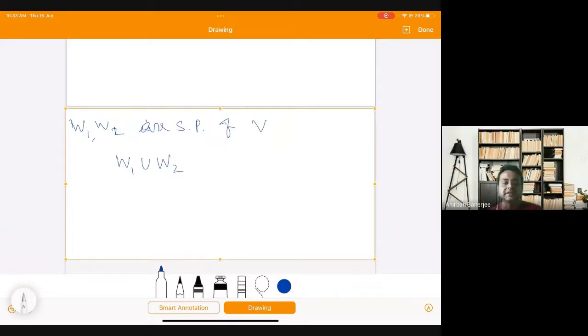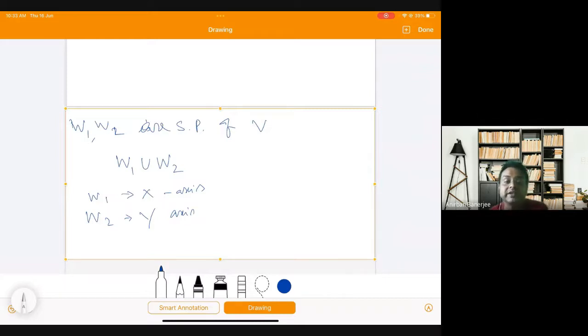Right. So, not necessarily. What you said is that W1 is the x-axis and W2 is the y-axis.